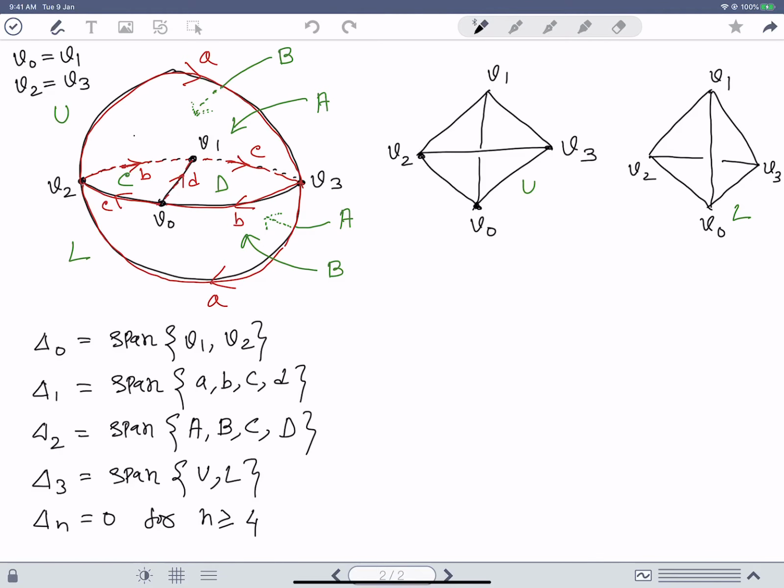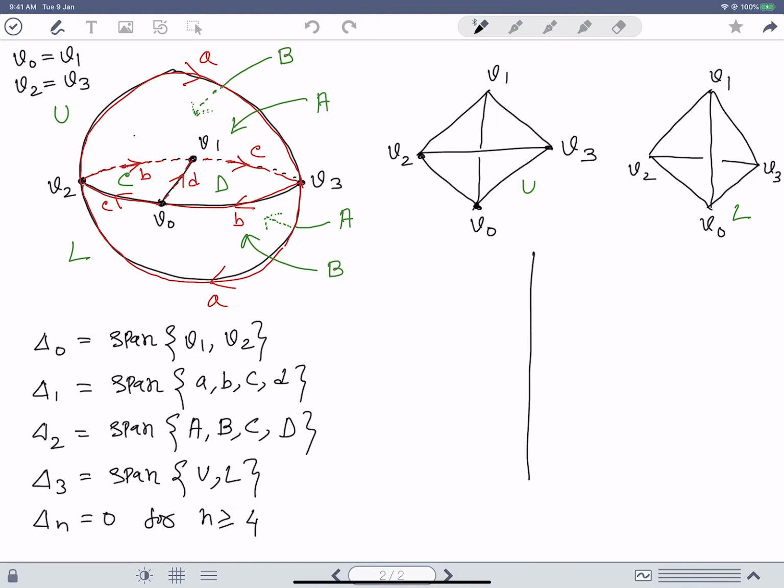Now what is my triangle A? There are two copies of A, right? One is in U and another is in L. But we have to stick with one orientation.